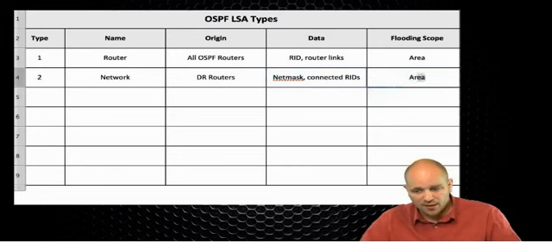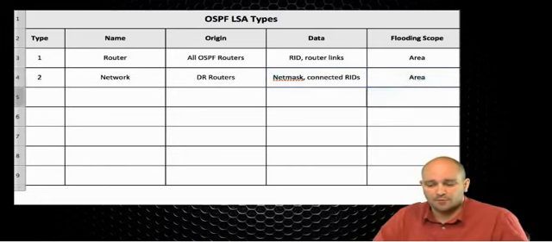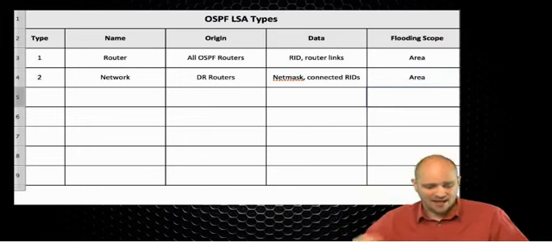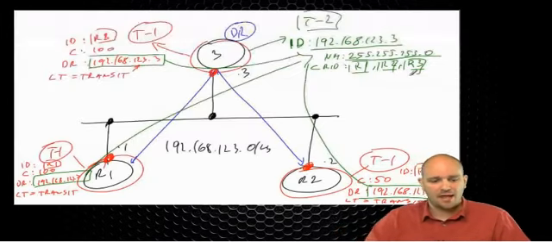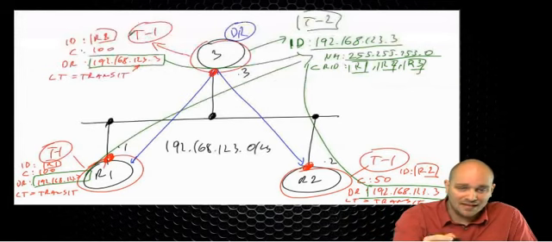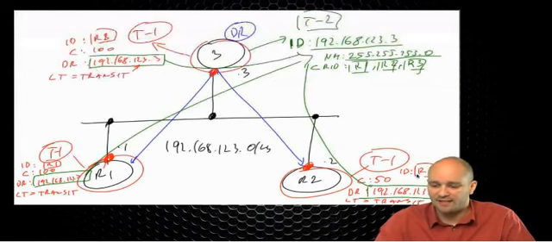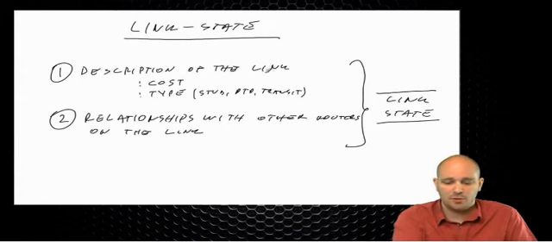The flooding scope, just like with type 1 LSAs, is the area, because this information makes no sense outside the area. So technically speaking, if you remember my description of what an LSA is, it's the description of the link in terms of cost and type, and the relationship with other routers.